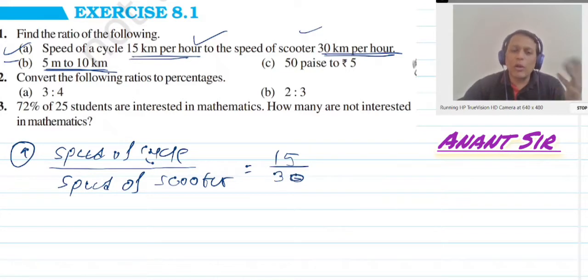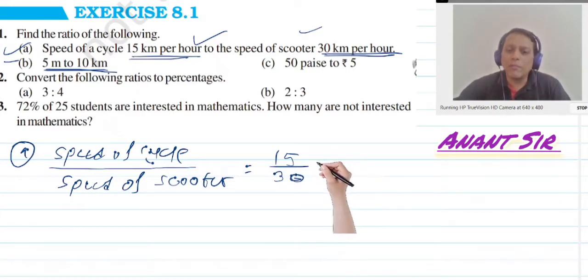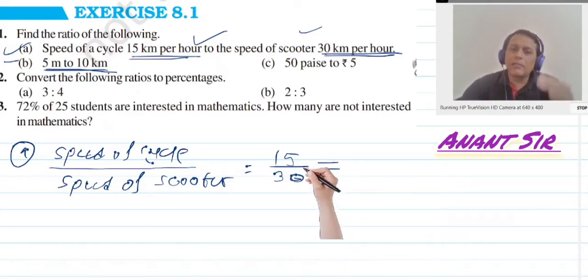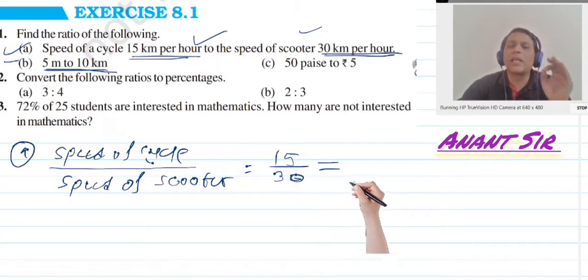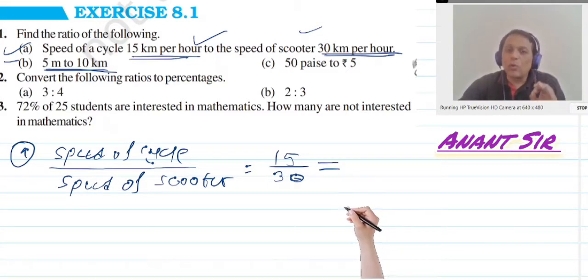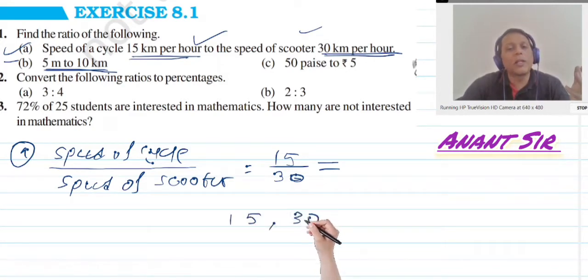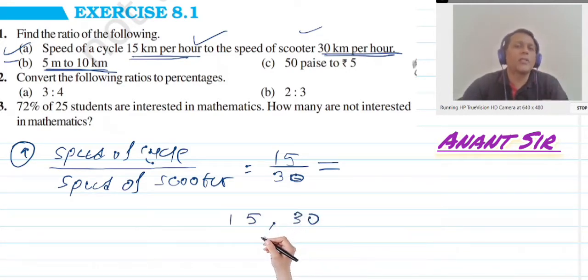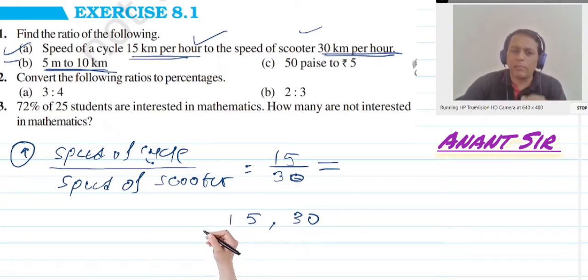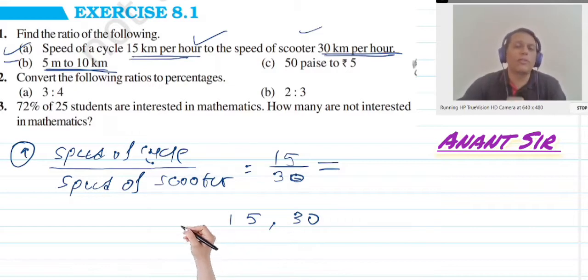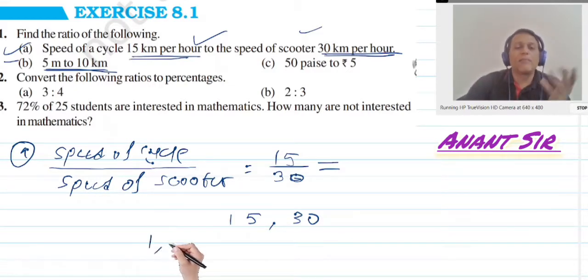Now you just have to simplify this. Divide both numbers by the same number, okay. If you know the greatest number by which we can divide both, it will be very easy. You will get the answer in one step only. For example, what are the divisors of 15 and 30? Which numbers divide both of them? 1 divides all the numbers, right?